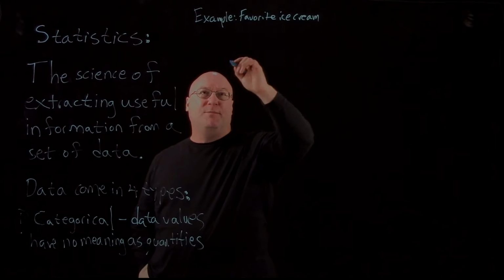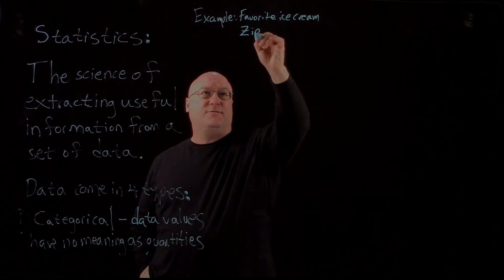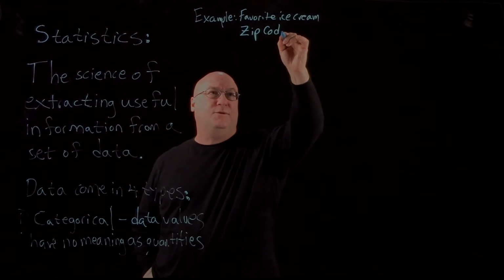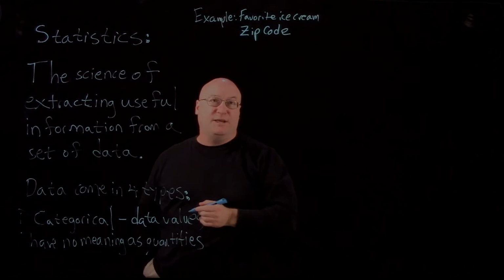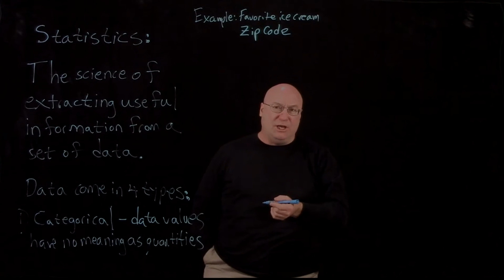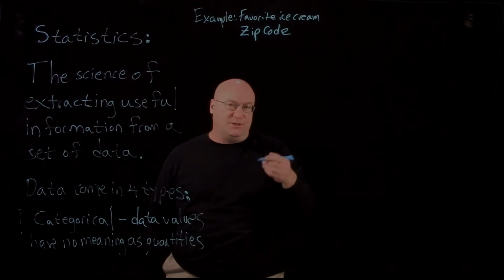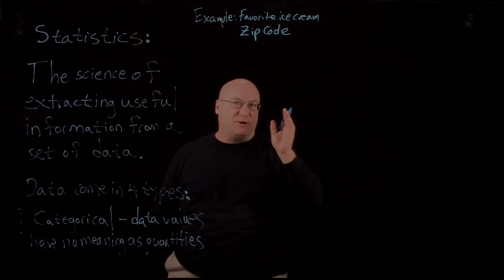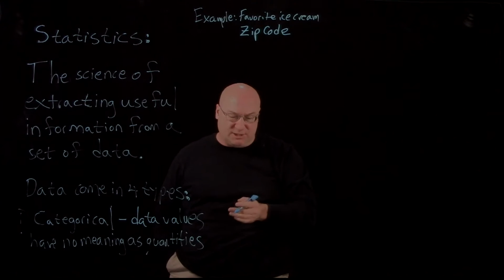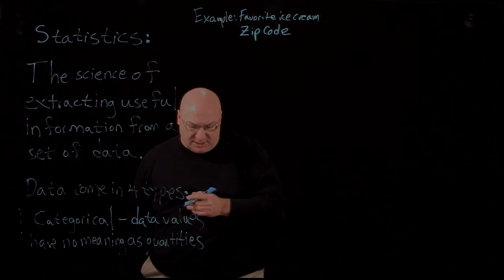Another example might be survey people and we get their zip code. The zip code's a number, right? But really it has no meaning as a quantity. You don't look at one person's zip code and say, hey, my zip code's bigger than yours. That just has no meaning, right? It really just is a way of categorizing people who live in a specific area. All right, that's not the most interesting kind of data.